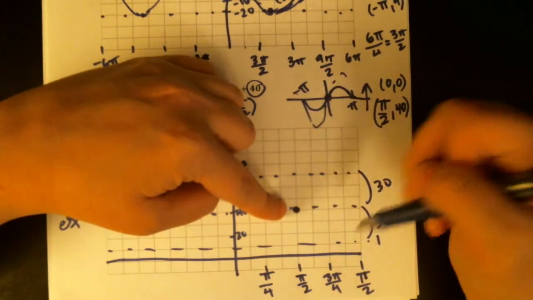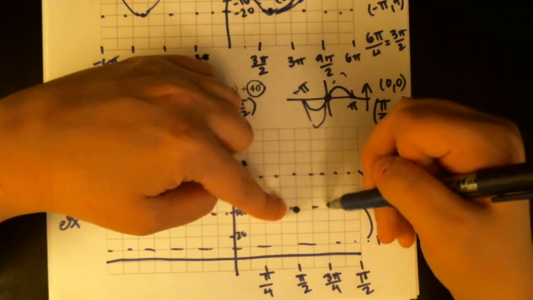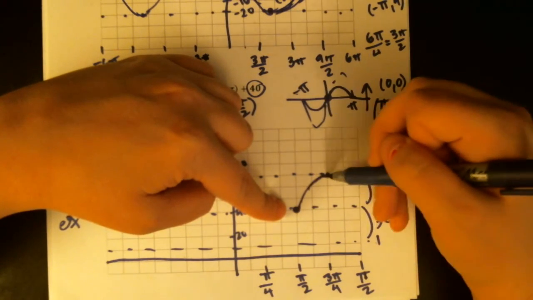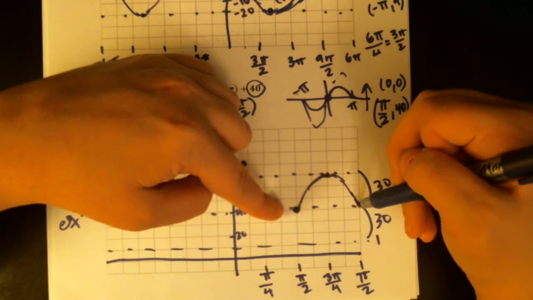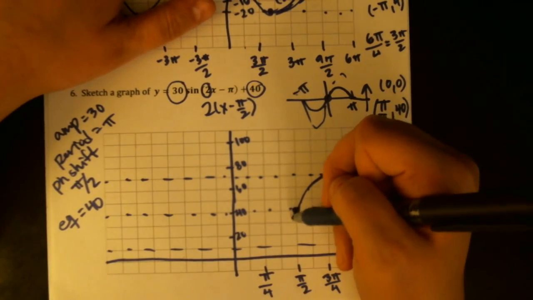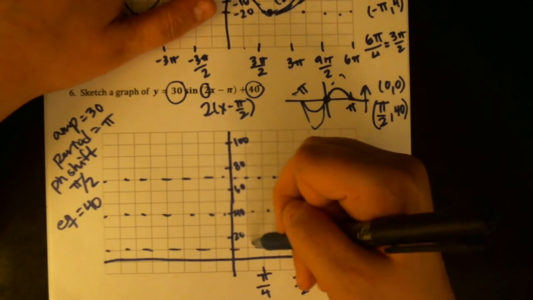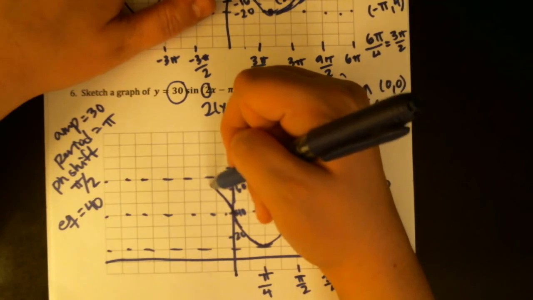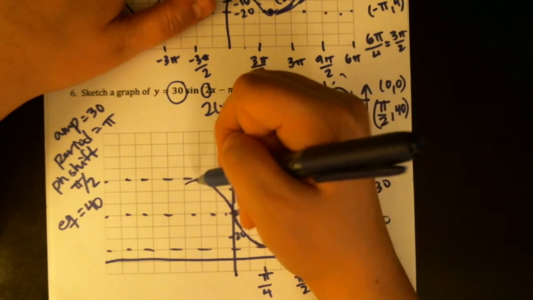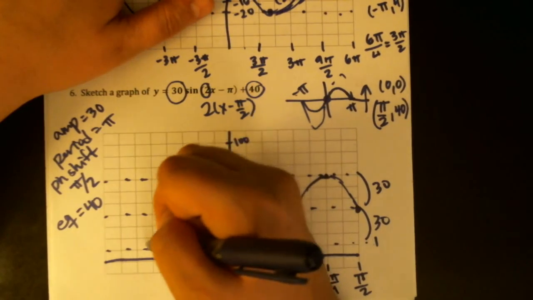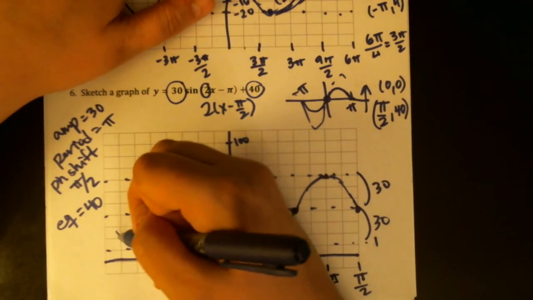From here, a quarter of my period is going to be to 3 pi over 4. And then another quarter of my period is going to knock me back down to equilibrium. And then I can do the same thing, heading in the opposite direction, down to the bottom, back up to the middle, to the top, to the middle, to the bottom, to the middle.